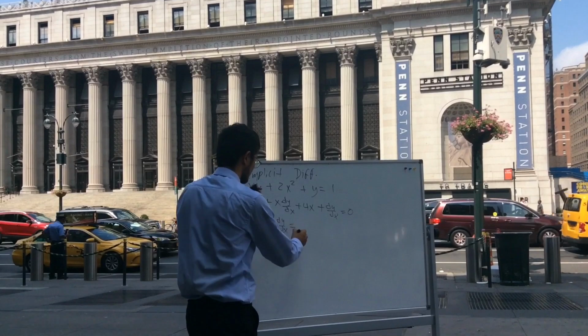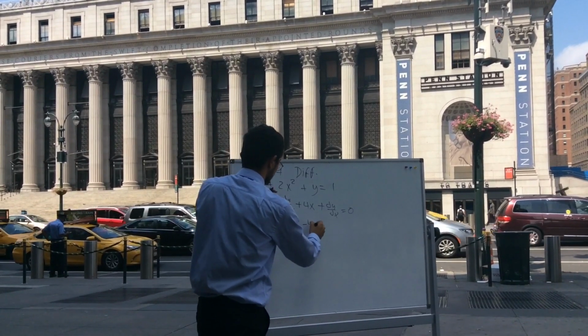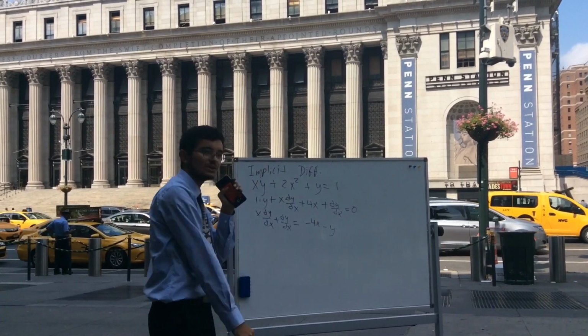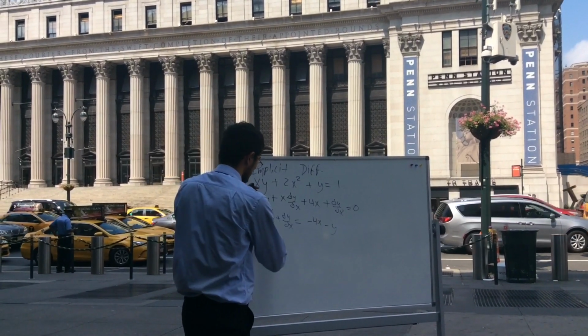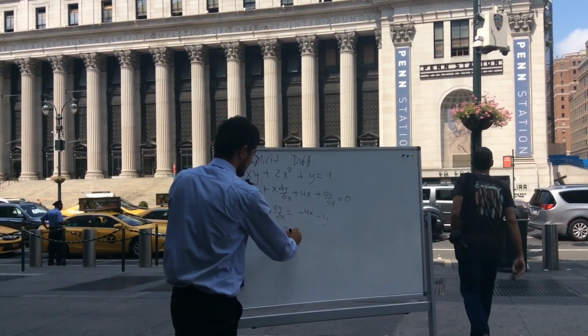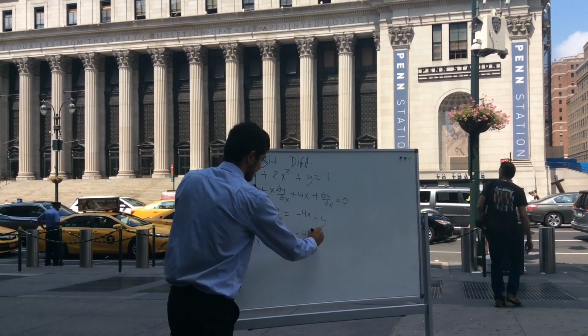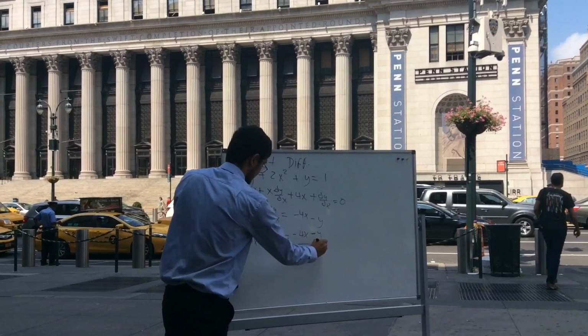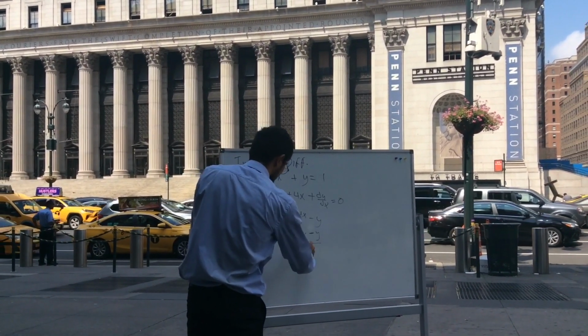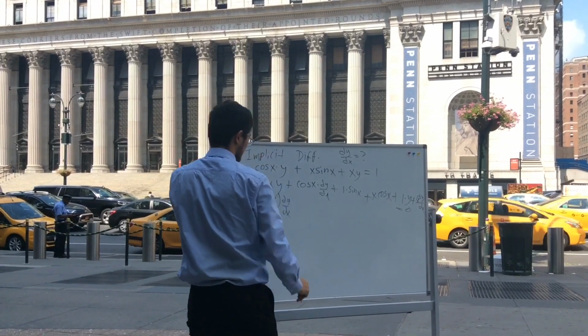So we're going to put negative 4x minus y on the other side. And then over here we can factor dy over dx. So we get dy over dx times x plus 1 is equal to negative 4x minus y, all of that divided by x plus 1.